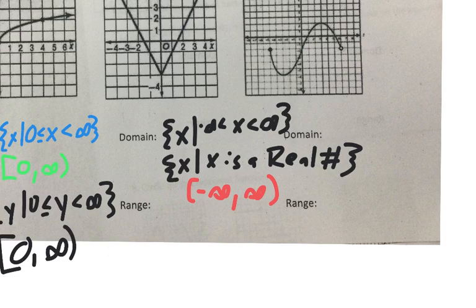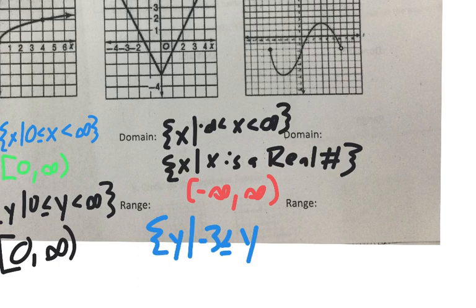Look at the range. What's the lowest Y value the graph takes on? -3. Does it go below -3 on the y-axis? No. So the lowest Y value is -3. So my range is Y such that Y must be bigger than or equal to -3.